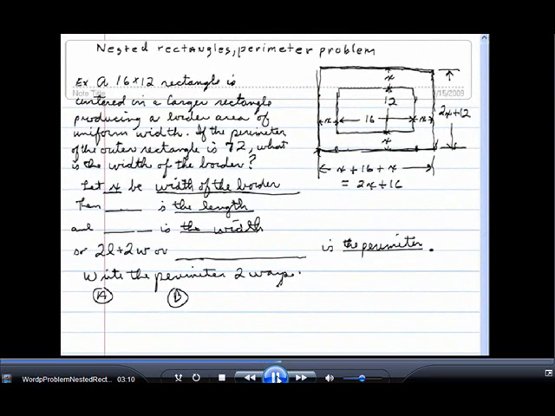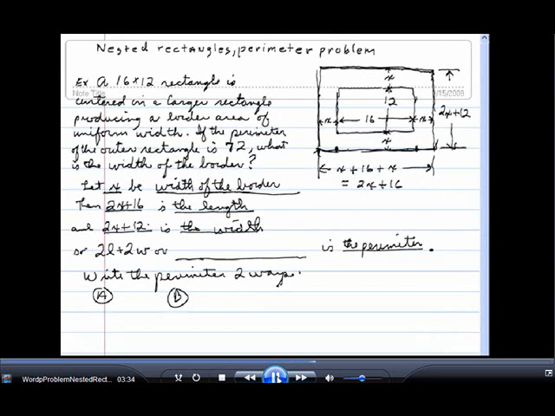And from here to here is the length of the inner rectangle, which is 16. So we say the length is x plus 16 plus x, or 2x plus 16. So for the length, I write in here 2x plus 16. And by the same logic, we get that the width is 2x plus 12.